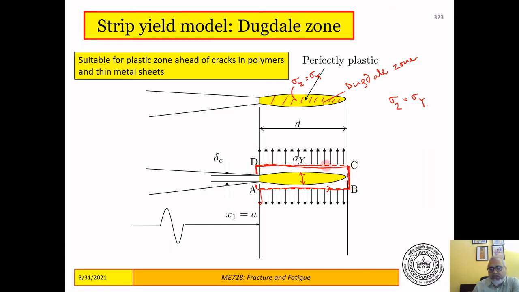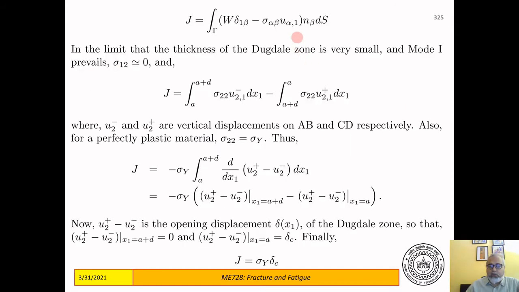These lengths are extremely small. And most of the contribution to the J integral that we are going to calculate comes from the lower face and the upper face. On the left and right faces, which are infinitesimally small, the J integral is taken to be 0.